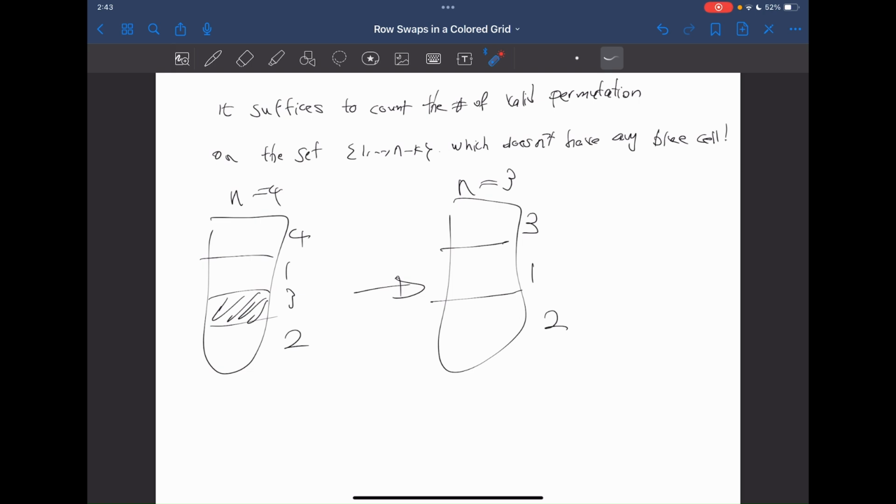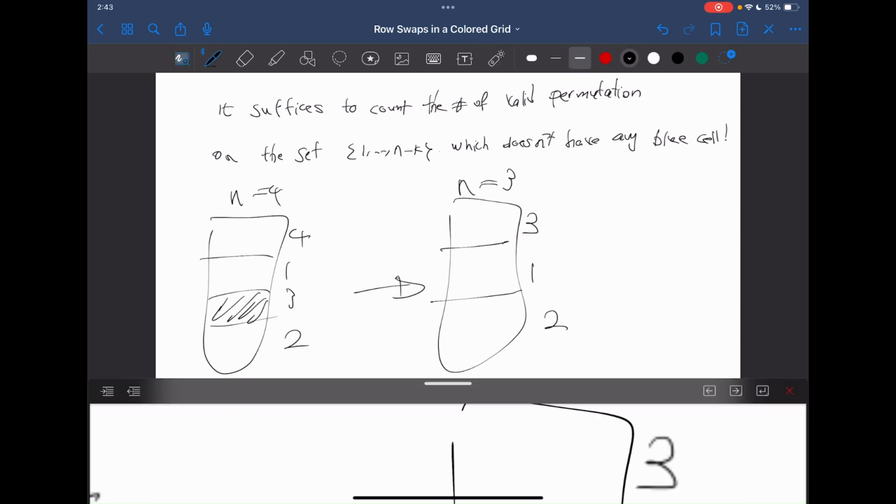So feel free to spend some time thinking about it, that I can just do the counting when there are no blue cells. And if there are k blue cells, then I just need to find a valid permutation with no blue cell for 1 to n minus k.